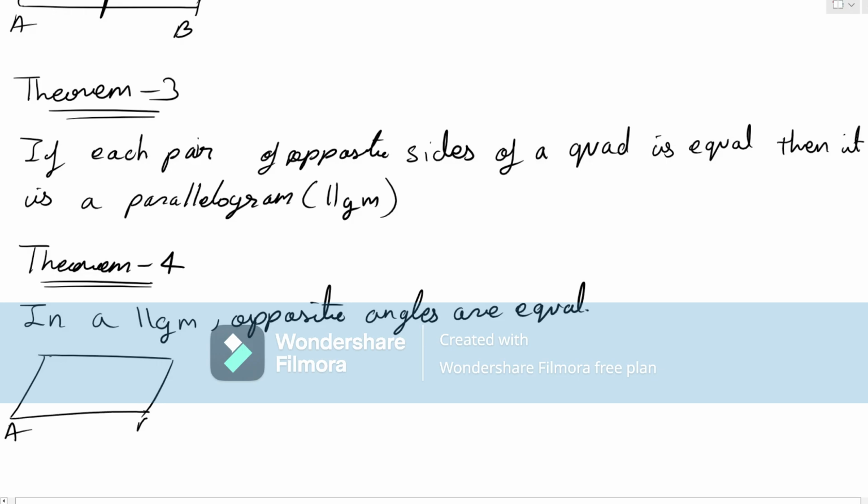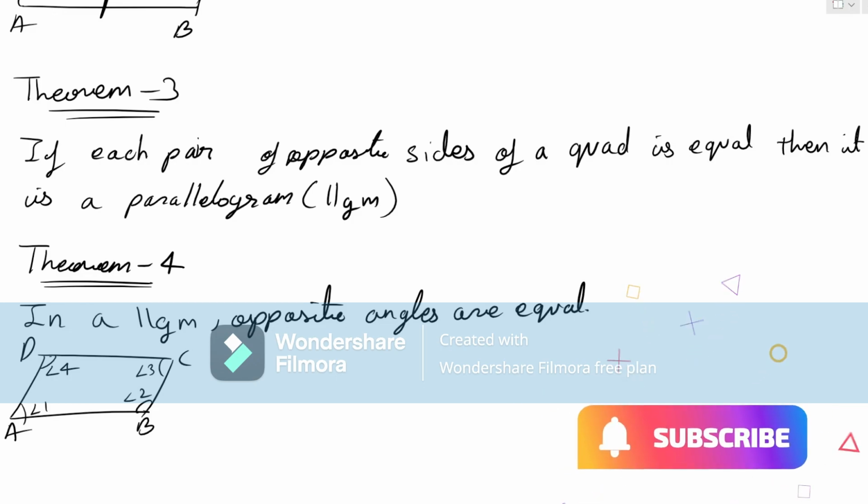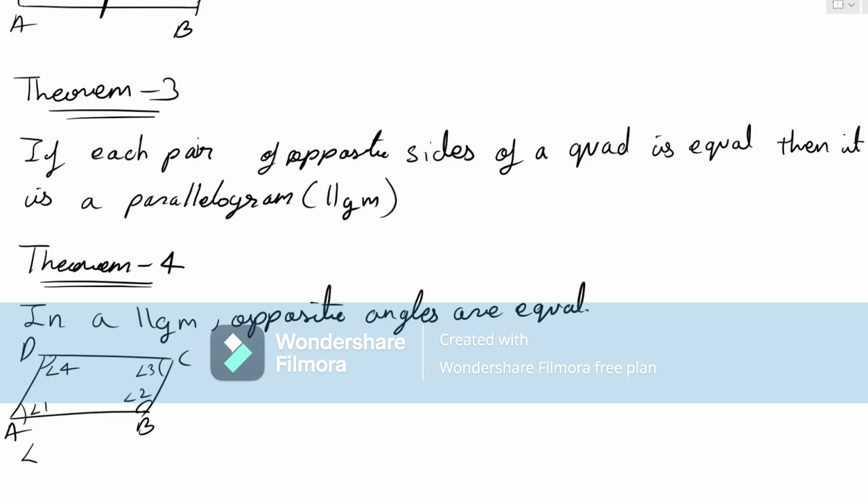Let's name it A, B, C, D, and angle 1, angle 2, angle 3, angle 4. Now angle 1 is going to be equal to angle 3. Angle 2 is going to be equal to angle 4, right?